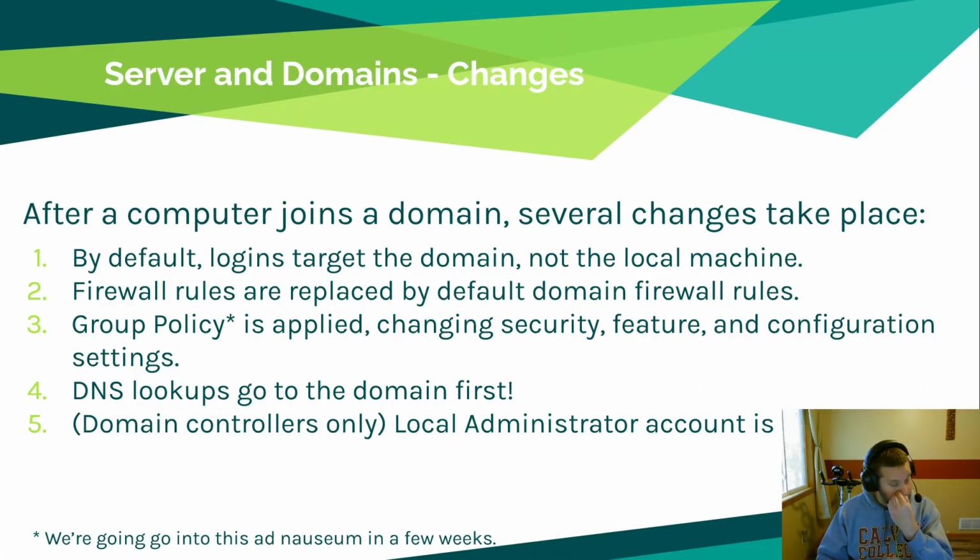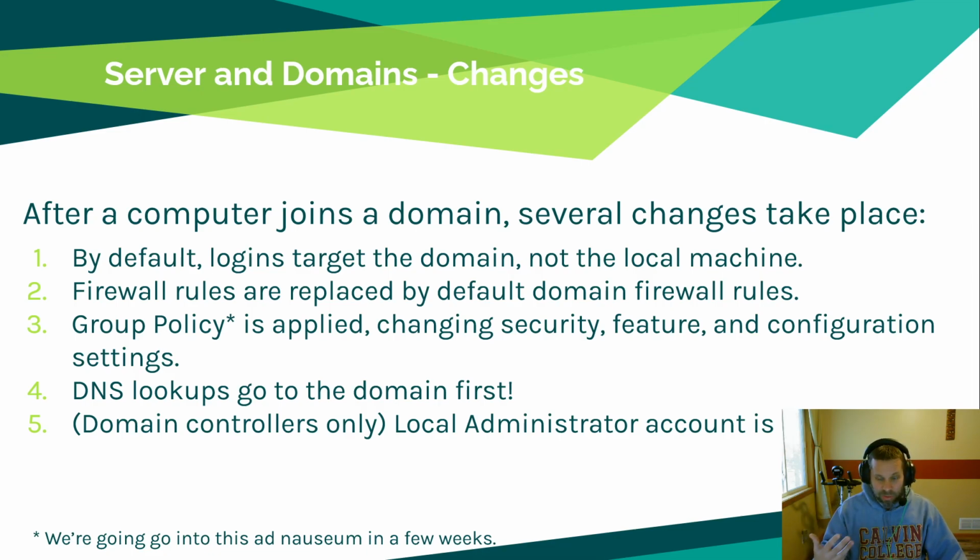When a computer joins the domain, several changes are going to take place to the computer in question. First, any authentication routine that happens after you join is no longer going to target the local computer. It's going to target the domain instead. Your firewall rules that you might have had on your local computer will get replaced with domain-specific firewall rules.